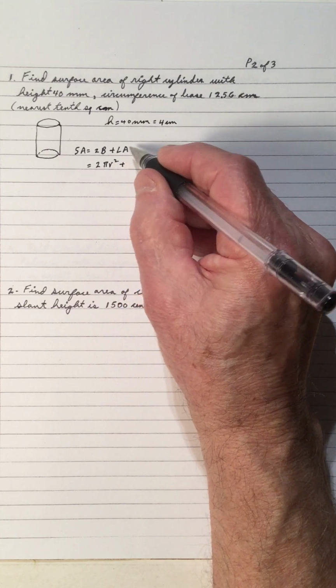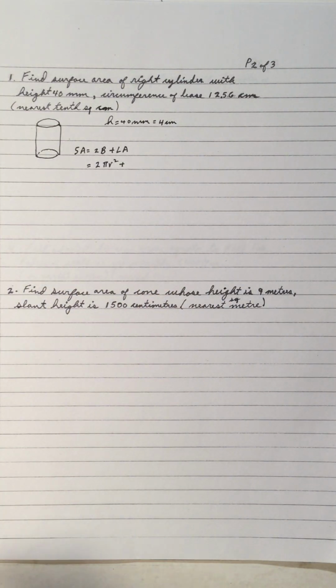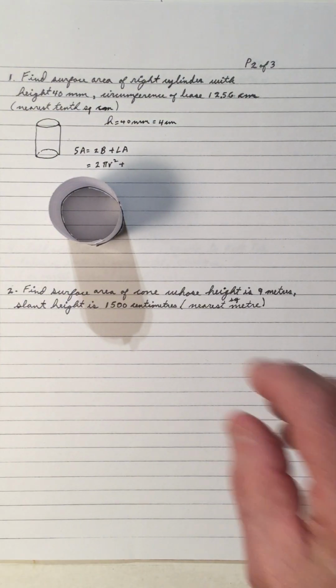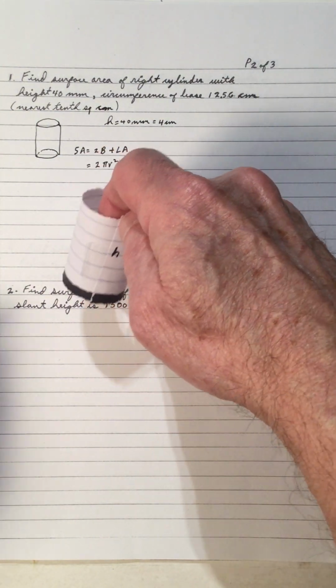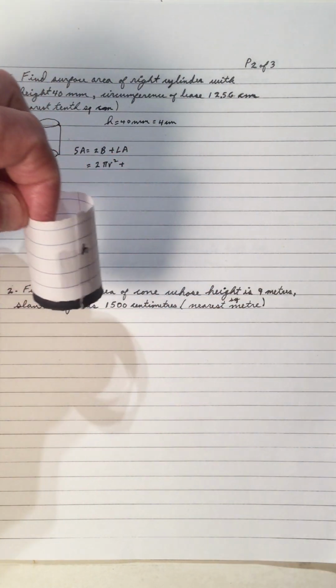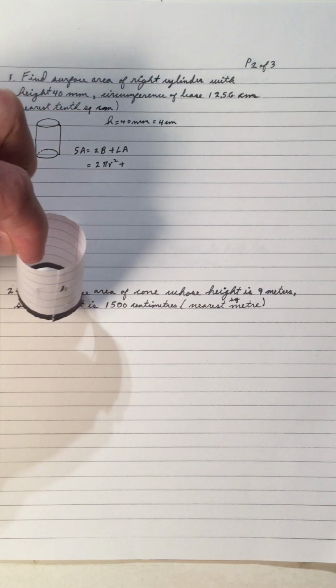And the lateral area, well, let me use this diagram here. Right here, I have a cylinder. You can't see it, but I'll turn it sideways for you. I marked the bottom with black for some reason. I'll show you.